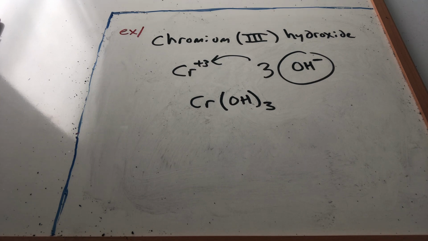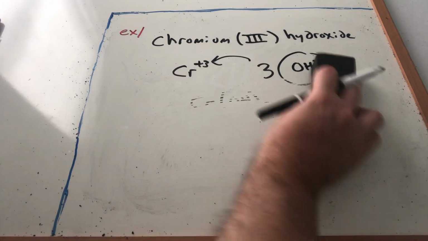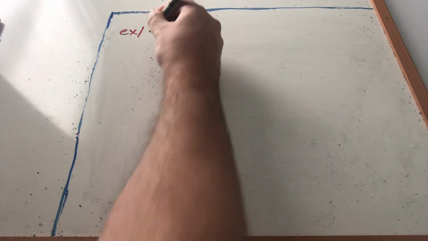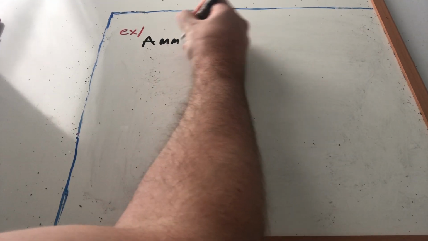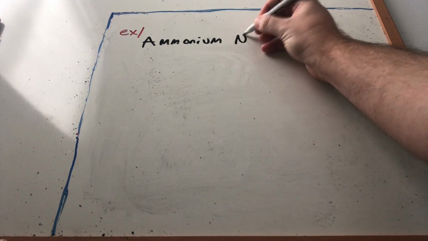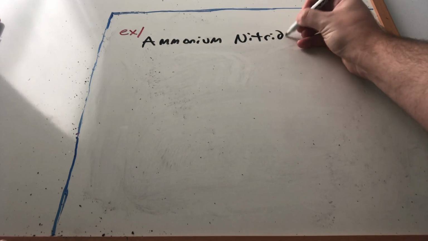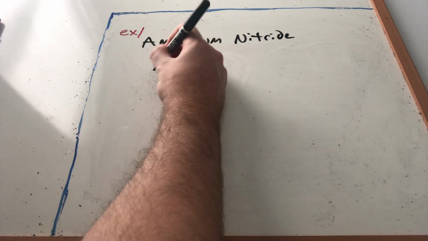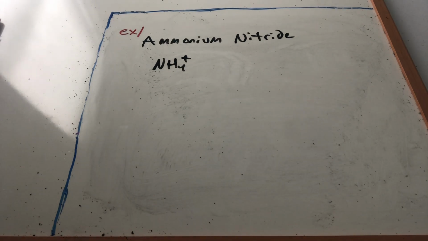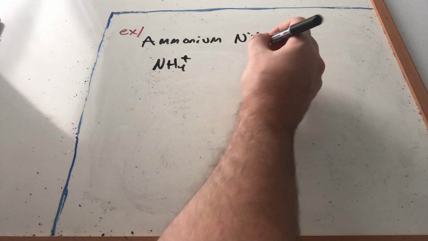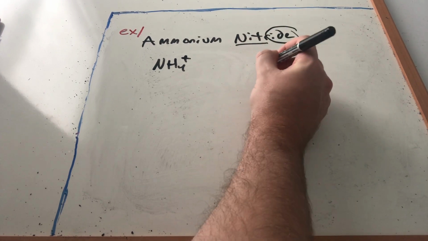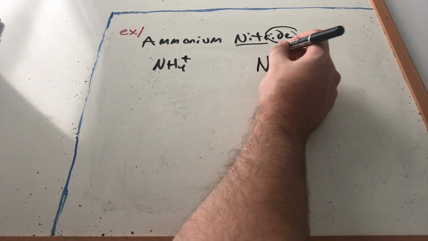The same thing happens with ammonium, so let's look at ammonium nitride. Okay, we're good students. We've memorized that whenever we see that word ammonium, that's one of our polyatomic ions. It acts like a metal because it's positive. It's NH4 plus. Nitride. Oh, it does end in IDE, so it's going to be just an N from the periodic table.